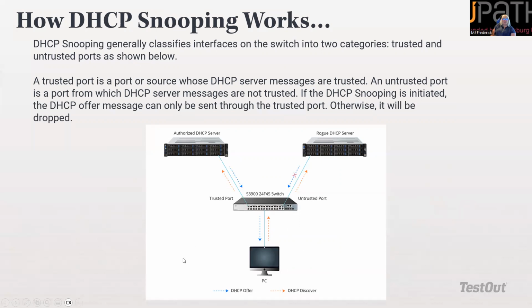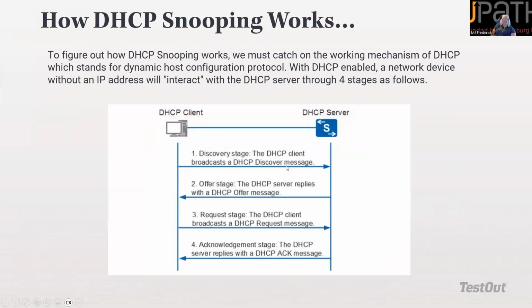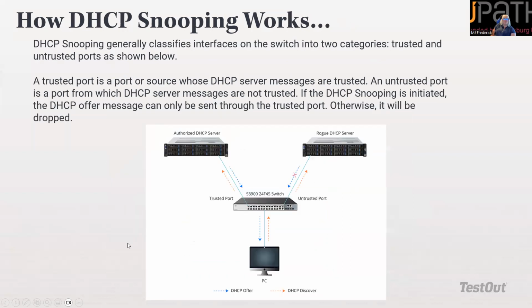So when we look at the offer, if we go back here, this is the part where we have to be careful to make sure no bad actors are getting in, because the DHCP replies to the client with an offer message. But if it's coming from an untrusted port, more than likely, if we have things set up and configured properly, the rogue DHCP server is not going to get what they want from our interface. They're not going to be able to access this port on this switch.